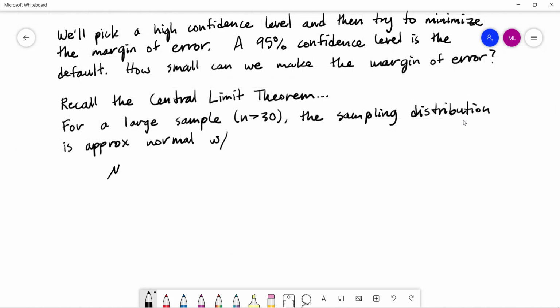The mean of our sampling distribution, so mu x bar, is equal to mu. The mean of our sampling distribution matches the mean of the population, which is the value we're trying to predict.